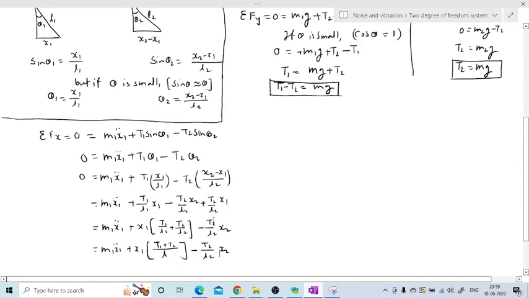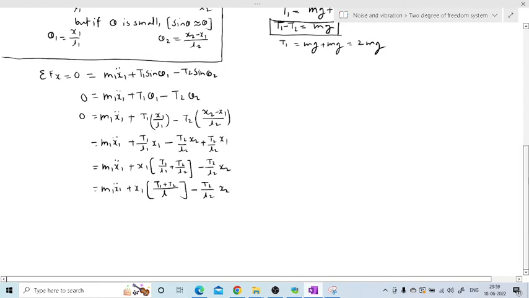Okay, so here I am going to put the value. So while putting this value, just see, I am going to modify this one. We know the value of T2, so T1 will be mg plus T2. T2 is nothing but again mg, so T1 will become 2 mg. Okay, so we'll have to put this value of T1 and T2 here.